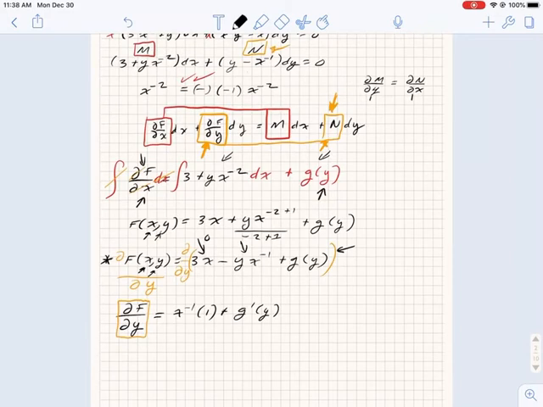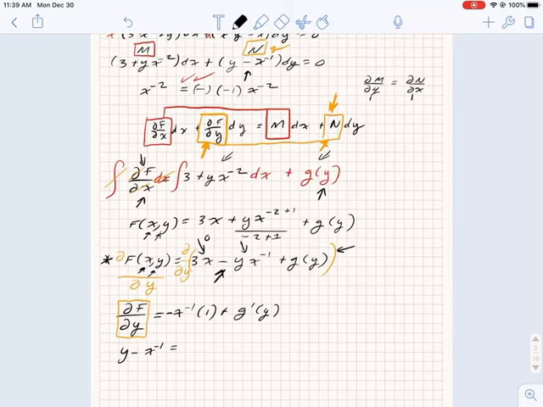So n is right here. So y minus x to the minus 1 is equal to, we forgot a negative right here.